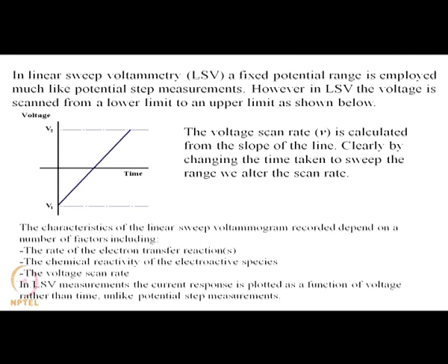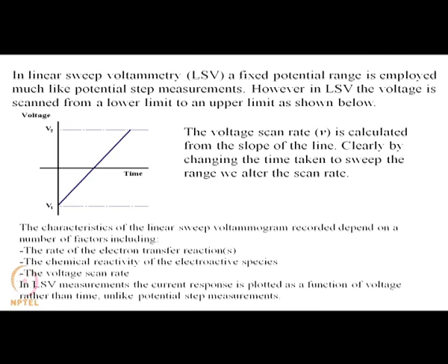Now, the characteristics of the linear sweep voltammogram recorded depend on a number of factors. You draw the current-potential diagram, that is the voltammogram, and its characteristic is very much dependent on several factors.